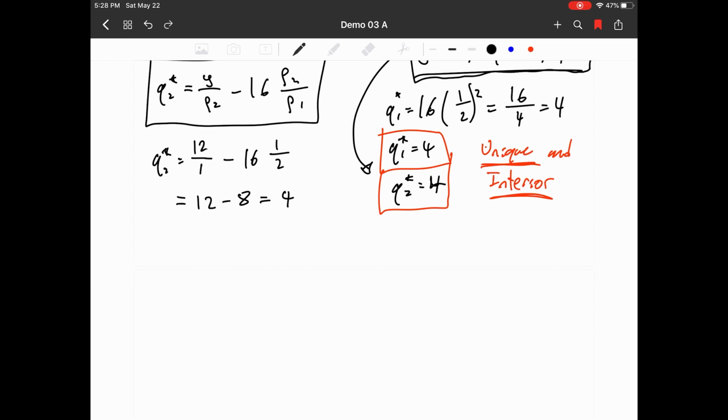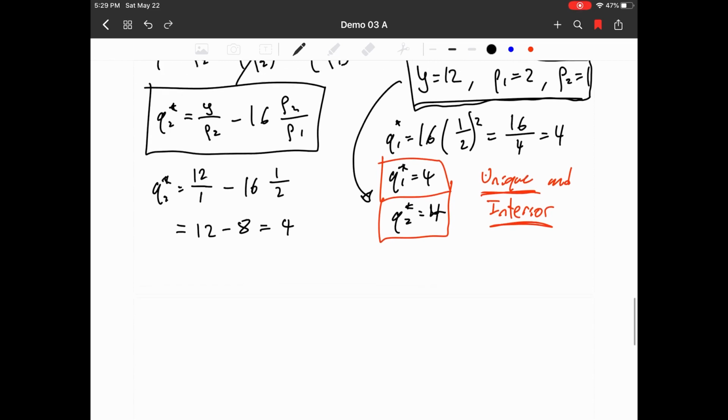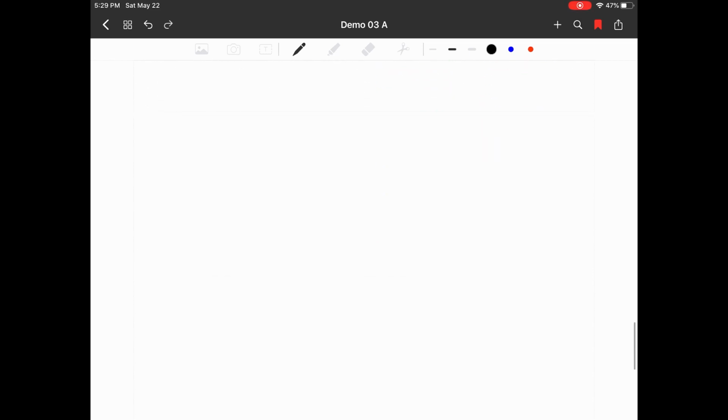Okay, but let's try a little example that isn't so straightforward. So instead of looking at a price of 2 and 1, let's set this up as price 1 is 2 and price 2 is 4.